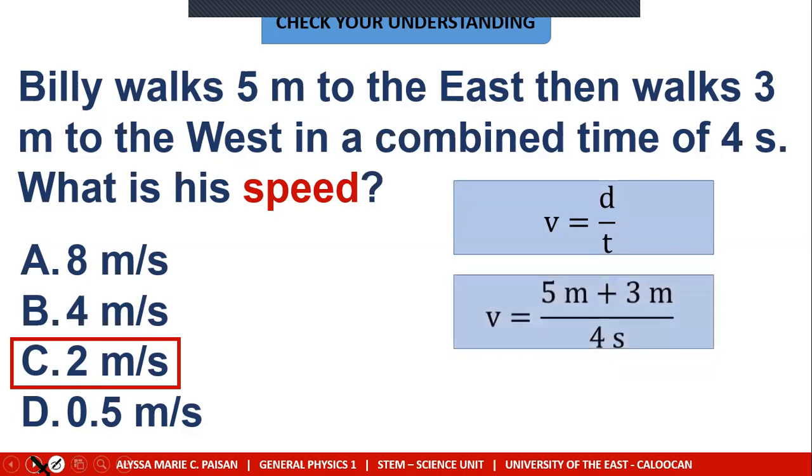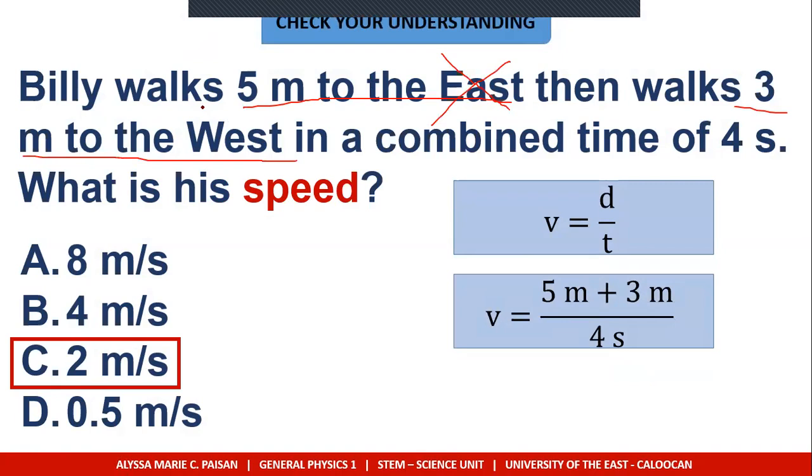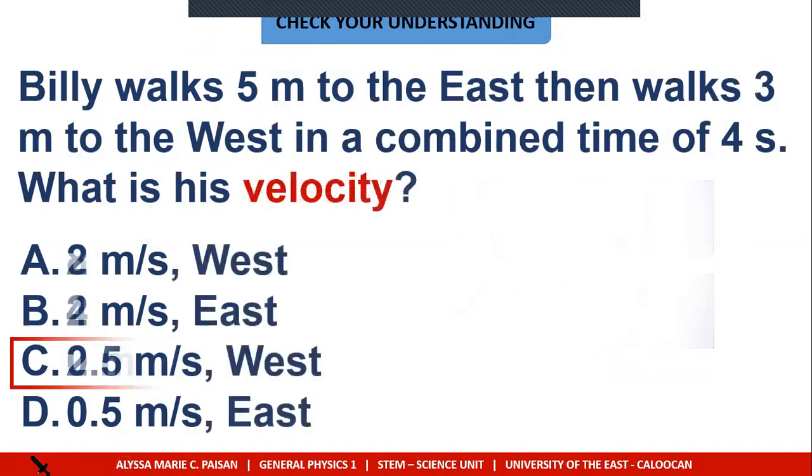To get the distance, we just add the magnitudes of the displacements. Kasi these ones are displacement kasi may direction, di ba? And then again, we disregard the directions. We add together the magnitudes. That's 5 meters plus 3, that's 8. And 8 divided by 4 is 2. So 2 meters per second.